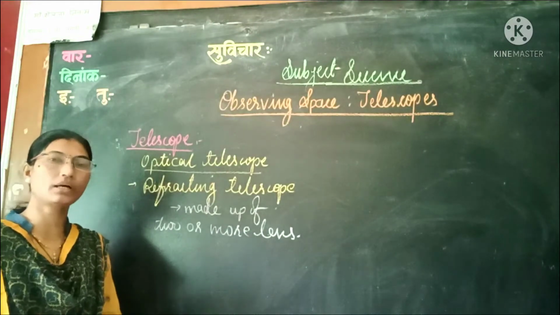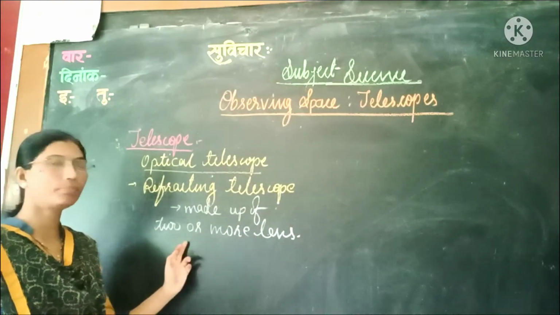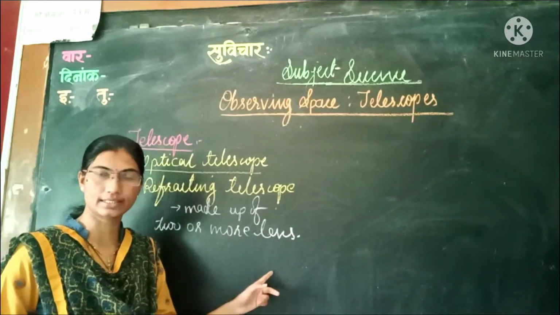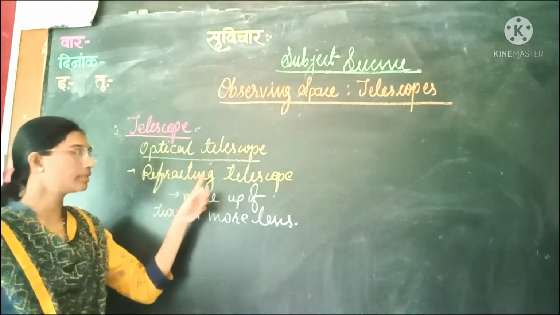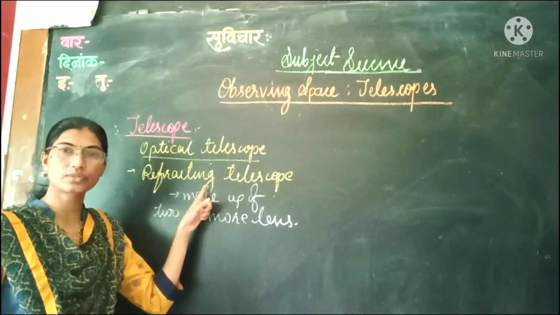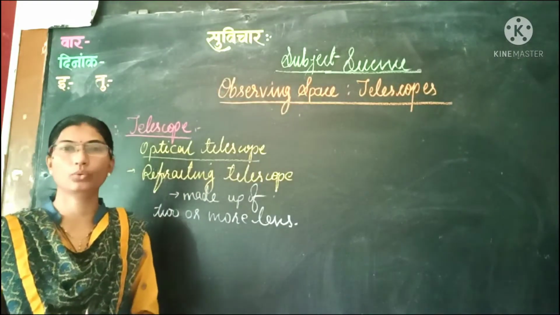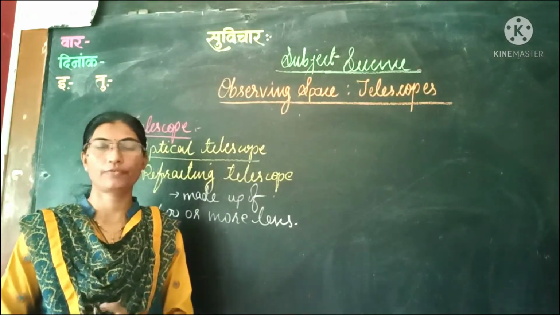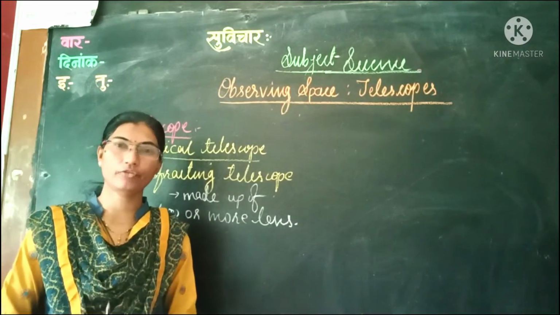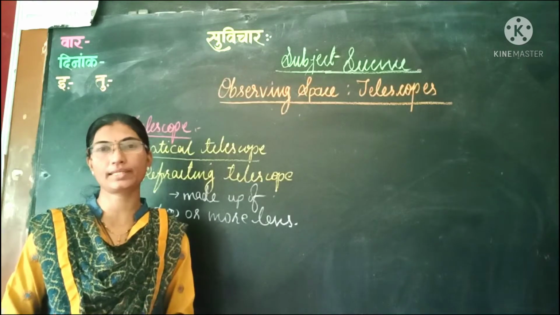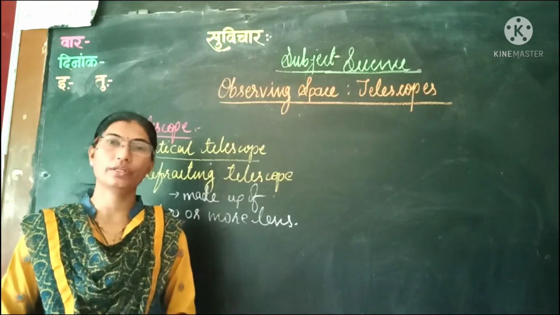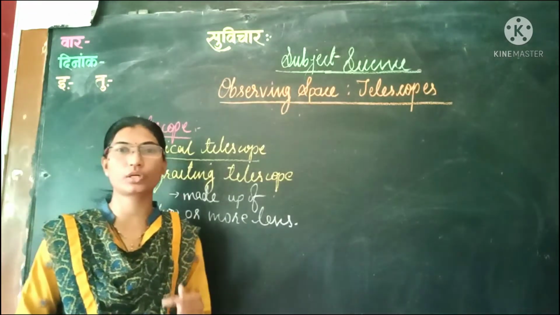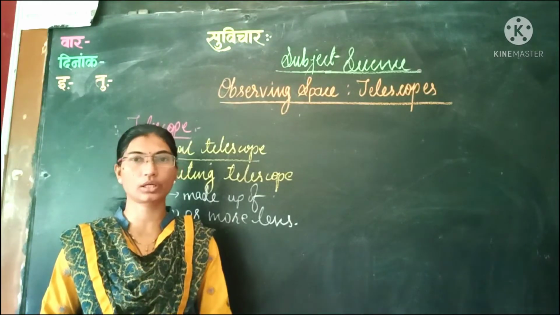Refracting telescopes are made up of two or more lenses. Now, why is this telescope known as a refracting telescope? Because, as you know, refraction means the bending of light: light rays change their direction when they pass from the atmosphere into the lens or glass.